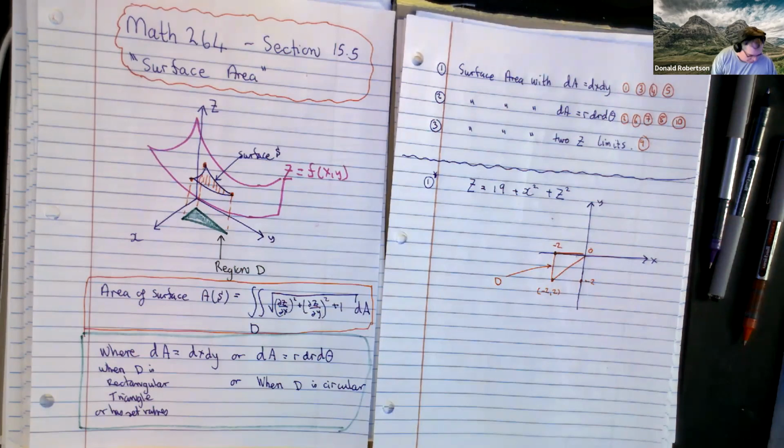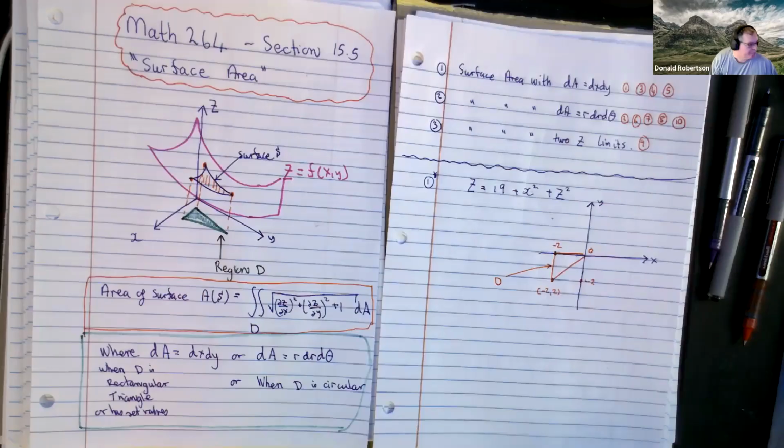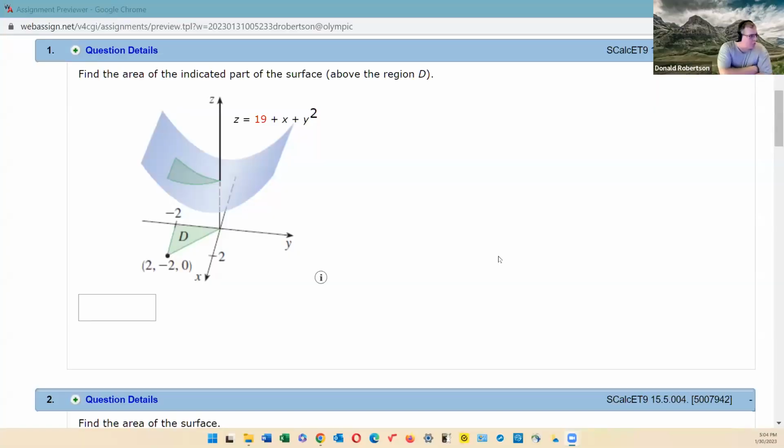So without further ado, this is going to be question 1, but let me show you the information where it originally came from in your homework. Right, you should be looking at question 1 here. It's not the same as my question 1, in the sense that maybe I didn't draw it quite the same, but the gist of it is here.